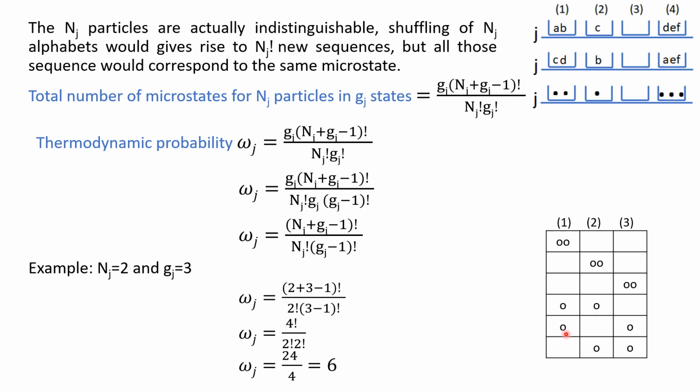Similarly, one particle in state 1 and the other in state 3, one particle in state 2 and the other in state 3. So if you count this, 1, 2, 3, 4, 5 and 6. So there are 6 possible different ways of arranging two particles in 3 energy states, and this formula gives exactly the number 6. So it means we have derived a correct formula.